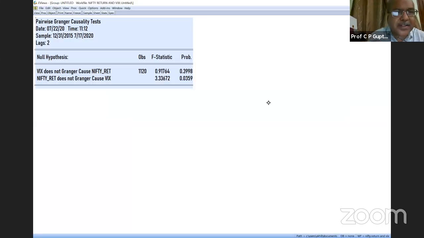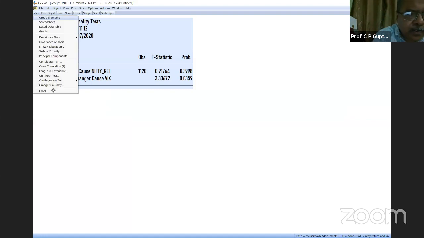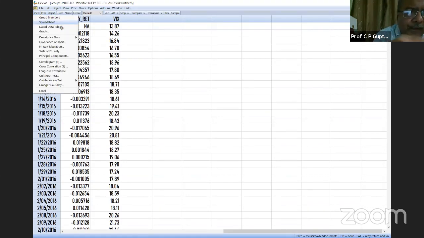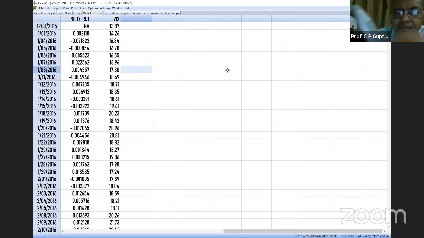So in the same framework, if I use VAR structure, let's see how we do it. So this I'm just closing. Okay, friends, are you able to open up this?